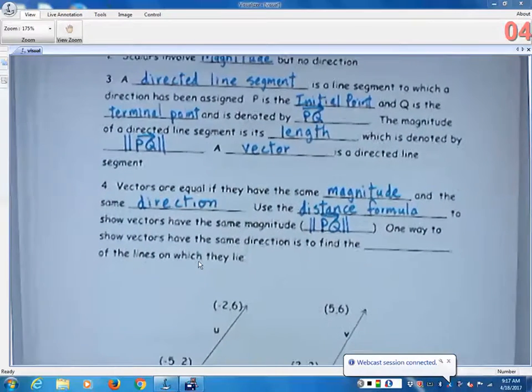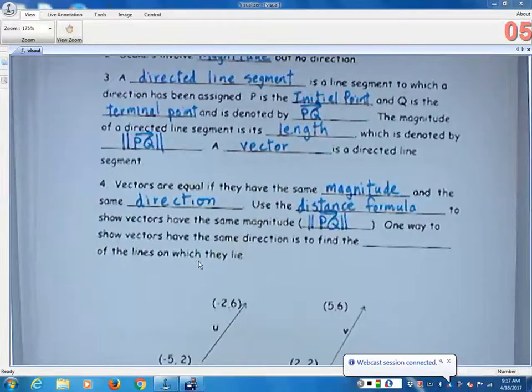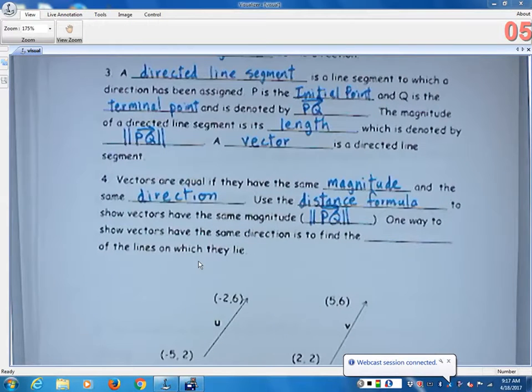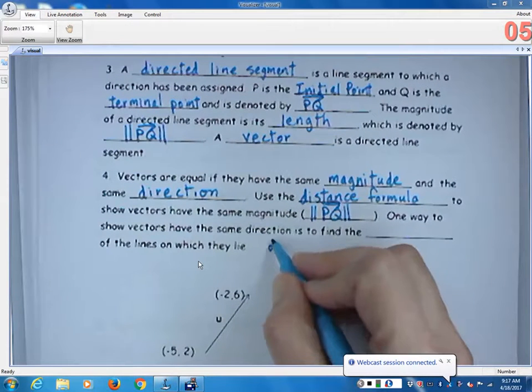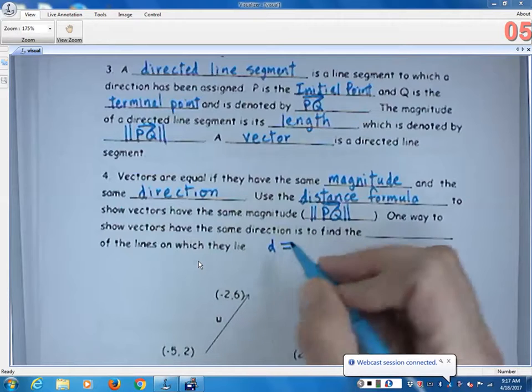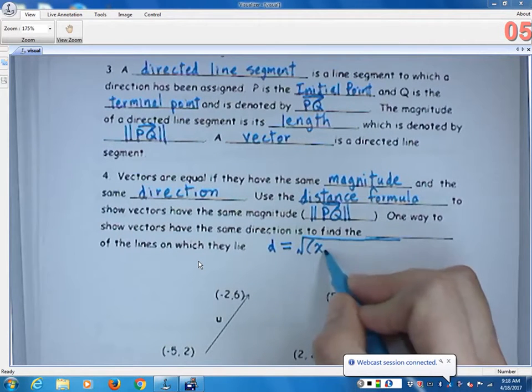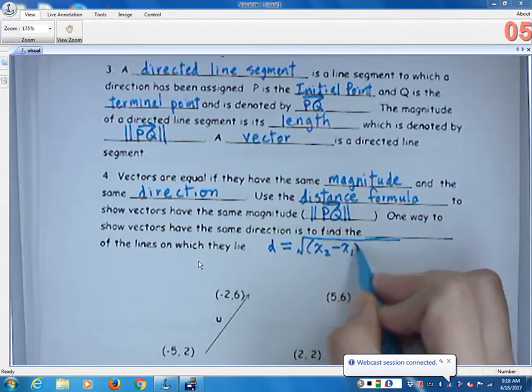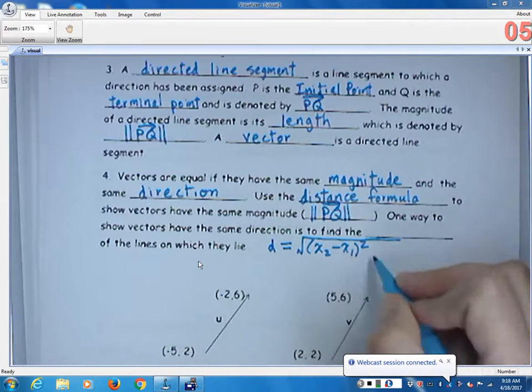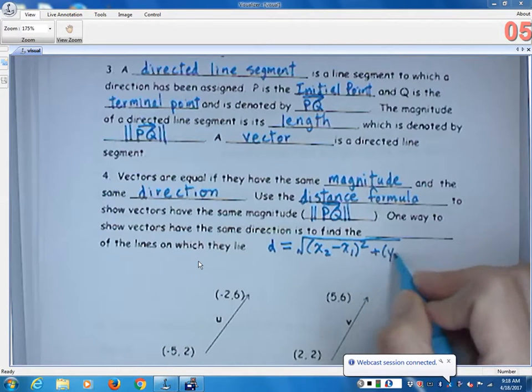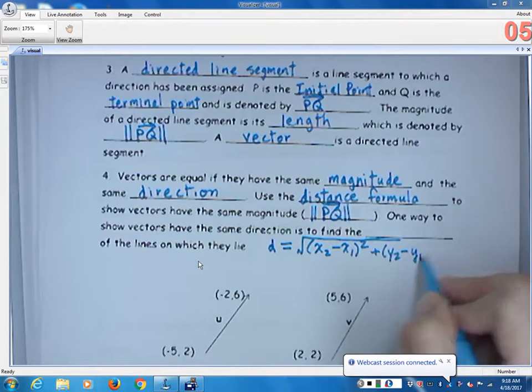Actually, the distance formula doesn't fit in there. I think that's what's put in there. The distance formula was the square root of x2 minus x1 squared plus y2 minus y1 squared.